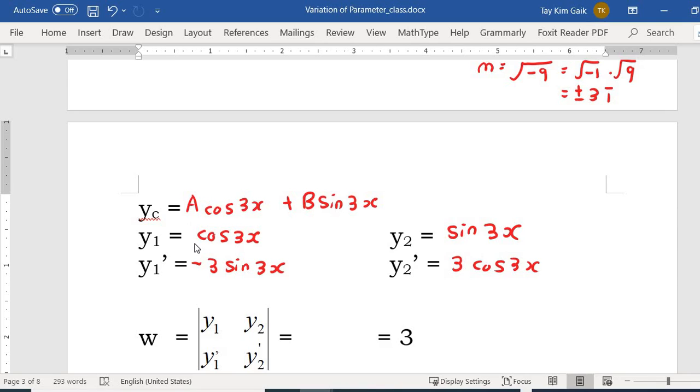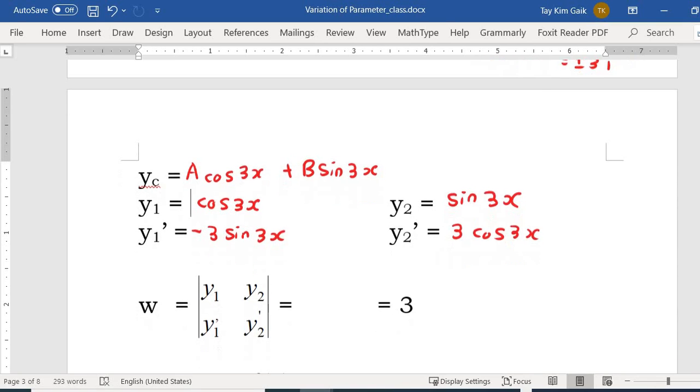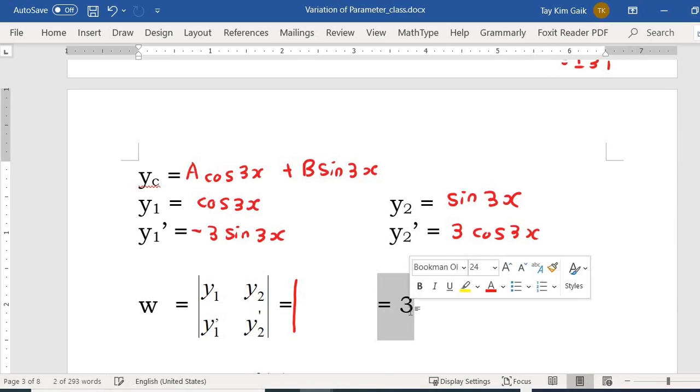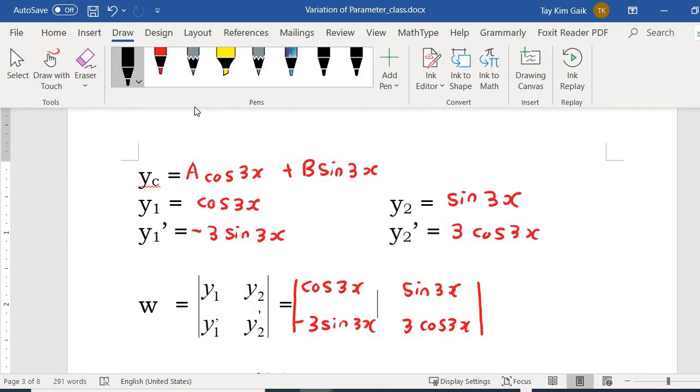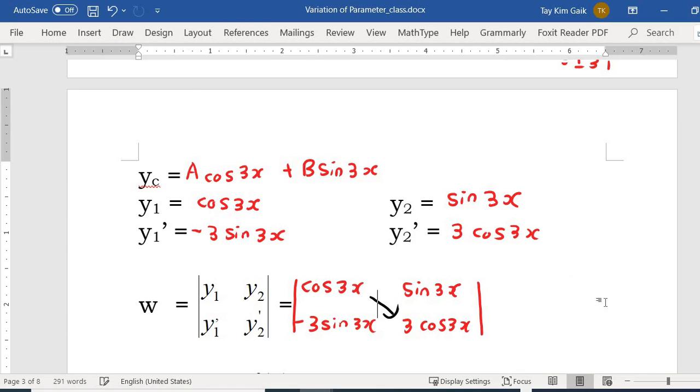Okay, and then you find the Wronskian, labeled as W, which is the determinant. First row: cos 3x, sin 3x. Second row: negative 3 sin 3x, and 3 cos 3x. Evaluate the determinant.